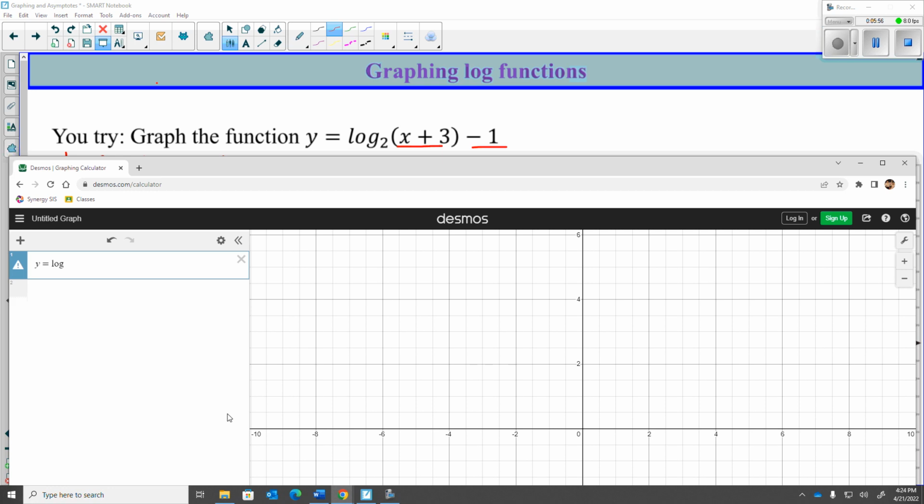It's right next to the 0 button, okay? That'll put you down into little number mode. So then I can type a 2. What I need to do after that is just hit the arrow key to the right, and it gets me out of that. And then I can type the rest of this, x plus 3 minus 1, okay?